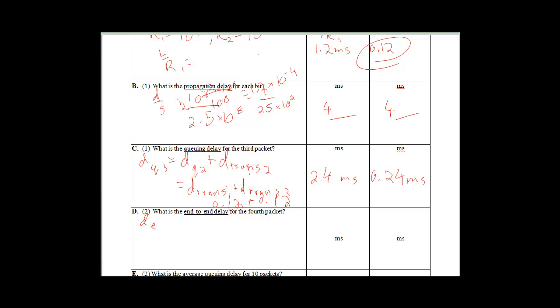So d end-to-end is dq, and here we're dealing with the fourth packet, dq4 plus d trans 4 plus d prop 4. Now we can build dq4 off the previous dq3, which we just calculated. So I'm going to erase this so that I have enough room to write.